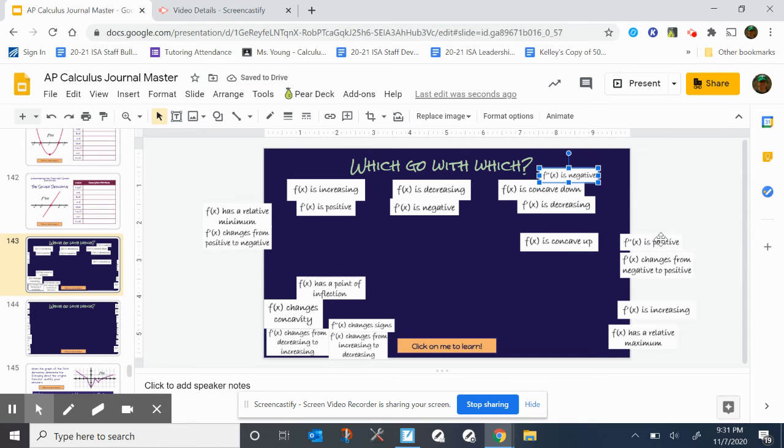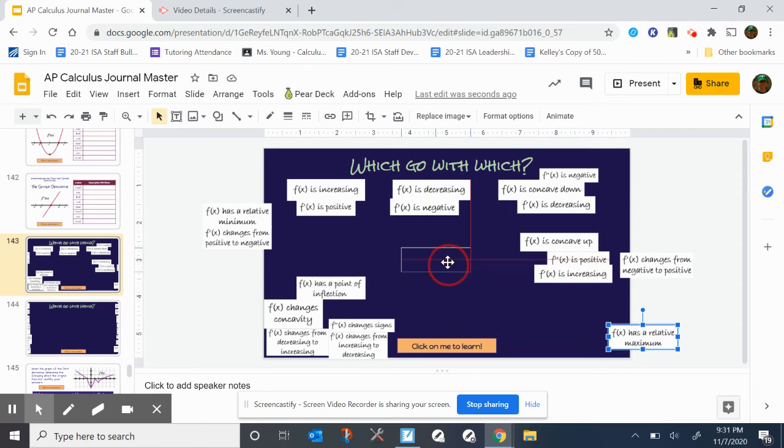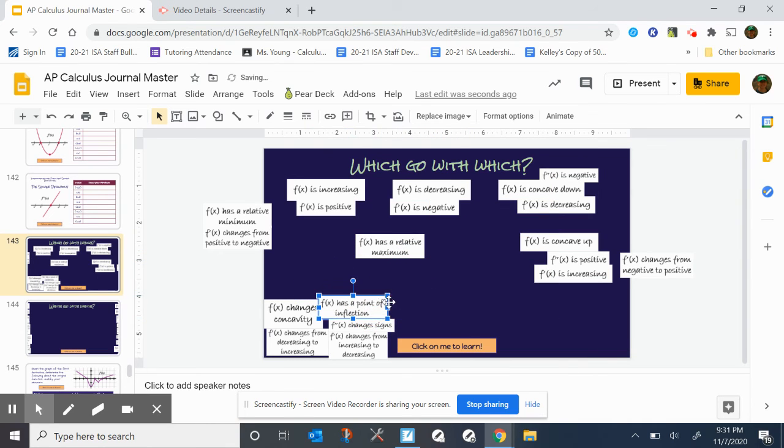So if f of x is concave up, that's going to go with the second derivative being positive and f prime increasing. So I'm running out of things to do here. All right. So if f of x has a relative max, we put that here, scoot this one down.